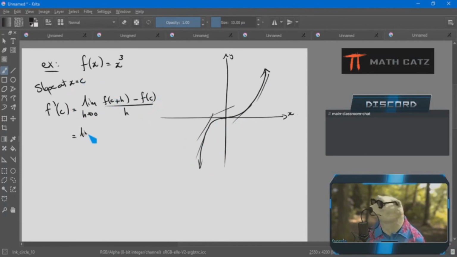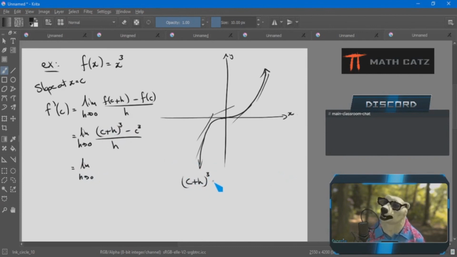Now, yes, this is a more complicated function, so the calculation will be a little bit longer, perhaps. But let's have a look. We have to see a couple at least. So it's x cubed, so it's c plus h cubed minus c cubed over h. All right. Now I have a bracket cubed. Now we can, maybe on the side here, c plus h cubed. Maybe you remember how to do this.